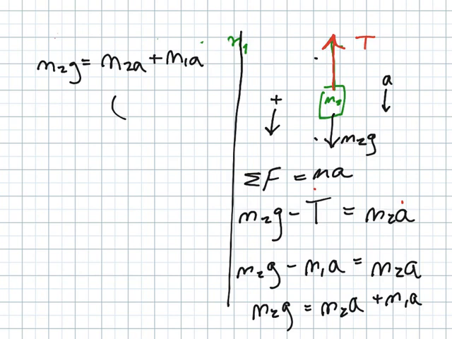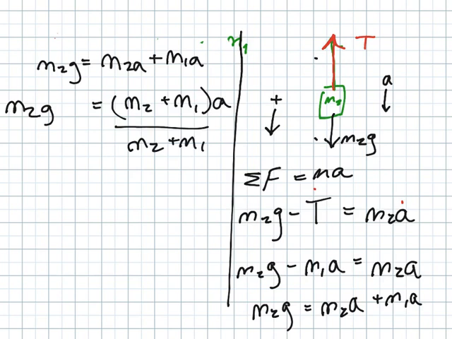This is the same as M2 plus M1 times A. And then finally, divide both sides by M2 plus M1. And so that makes it cancel on the right. And voila, we have the answer.